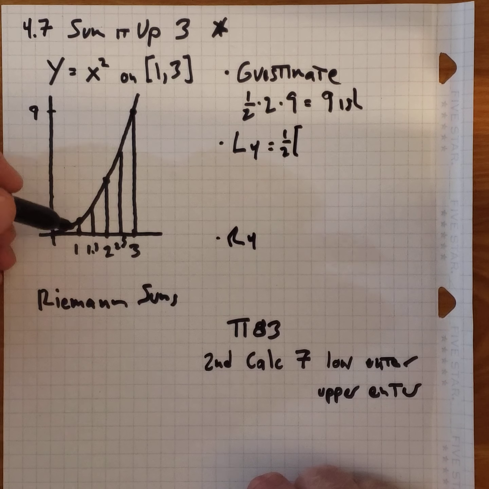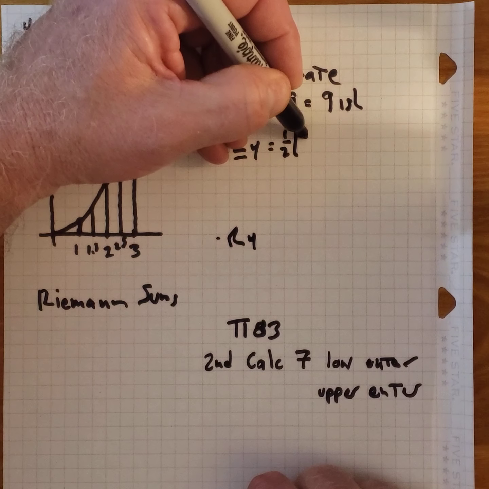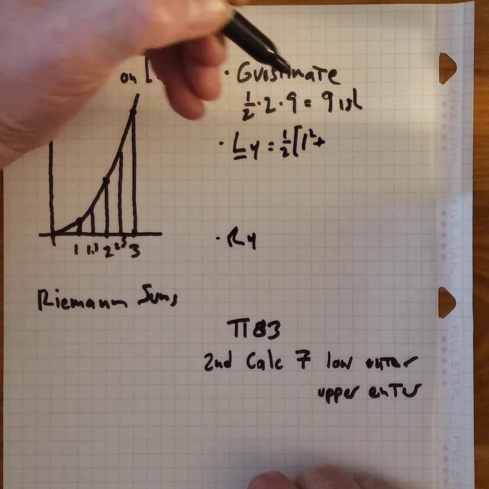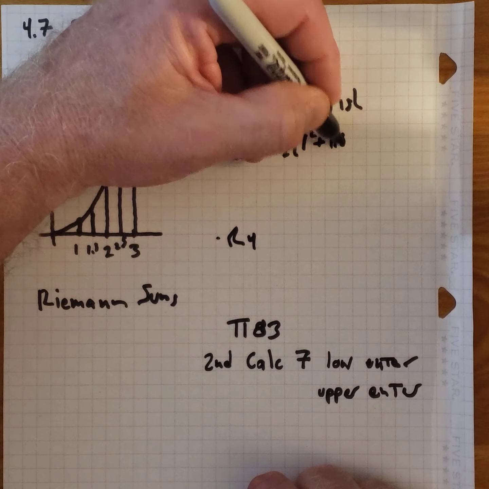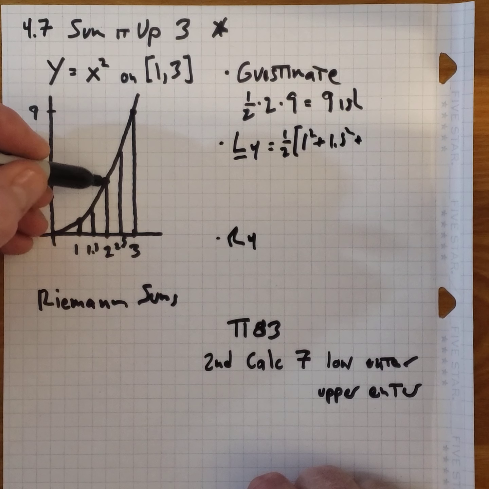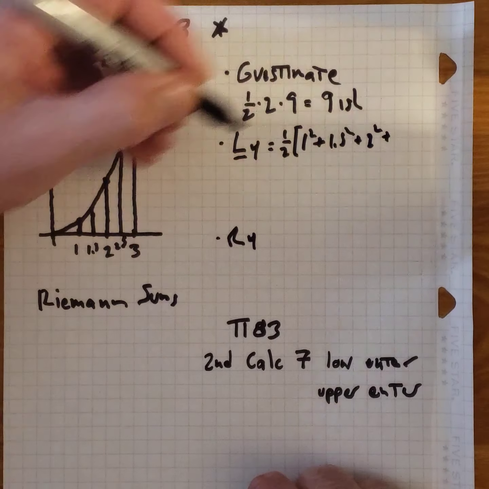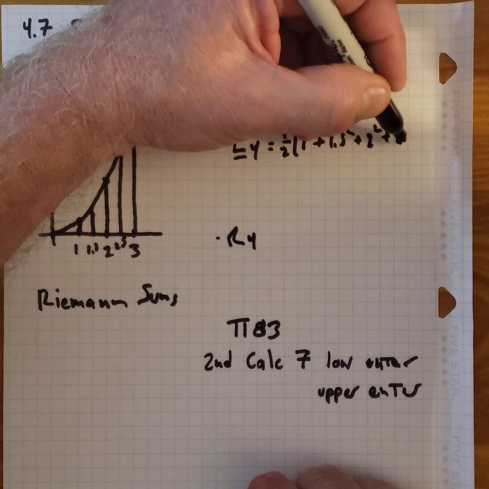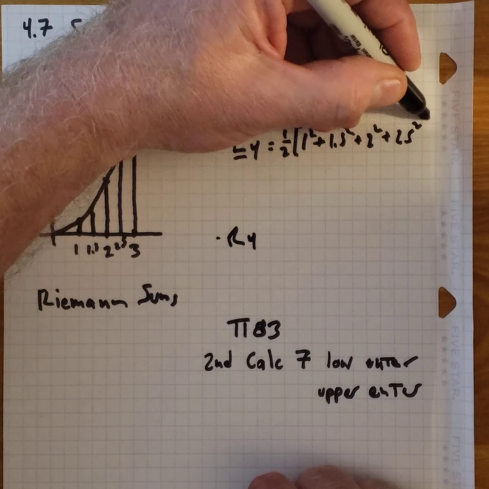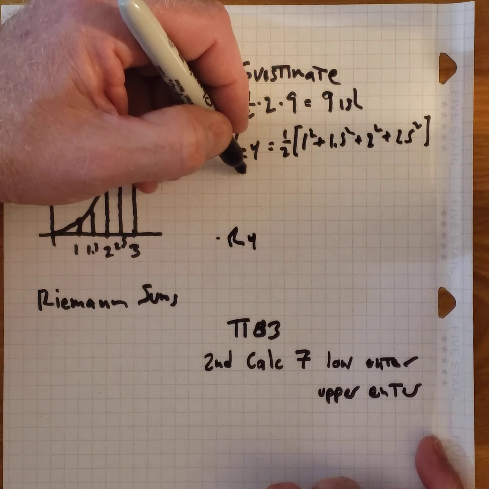The height of the rectangle is going to come from the value of the function on the left end. So the first one is going to be 1, and the function is squared, so 1 squared, plus 1.5 squared. The left endpoint for the third rectangle is 2, so 2 squared, and then 2.5 squared is the height of the fourth one. I neglected again to actually work these out ahead of time.